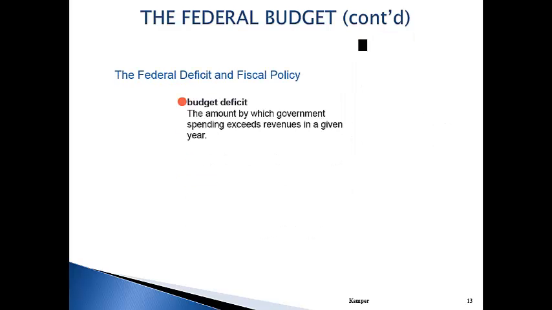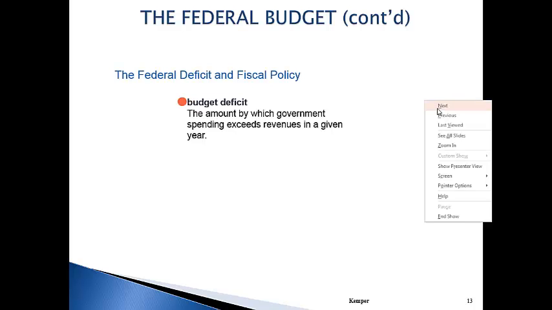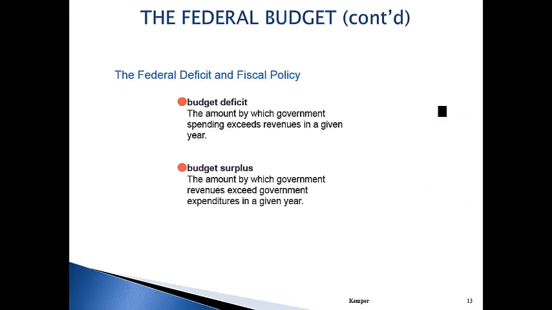A budget deficit, pretty self-explanatory. That's the amount by which government spending exceeds revenue in a given year. We have operated on a budget deficit for quite some time. We've only had a couple budget surpluses that were truthfully not very significant in the last 70 years. When we have a budget deficit, we have to borrow to pay our bills.